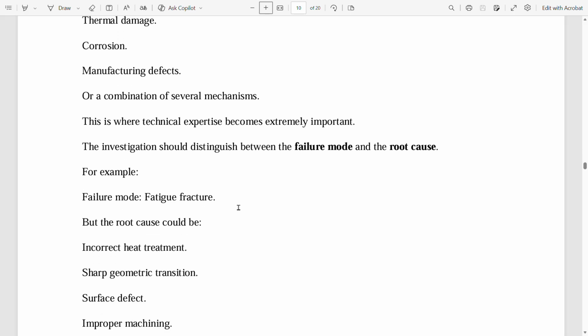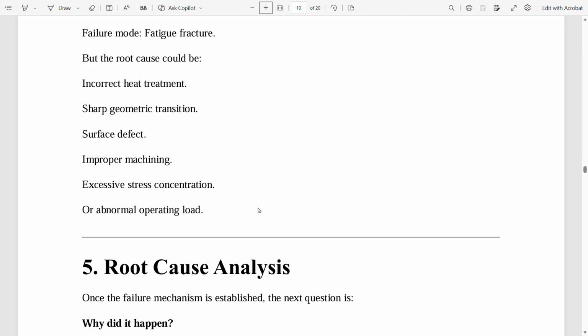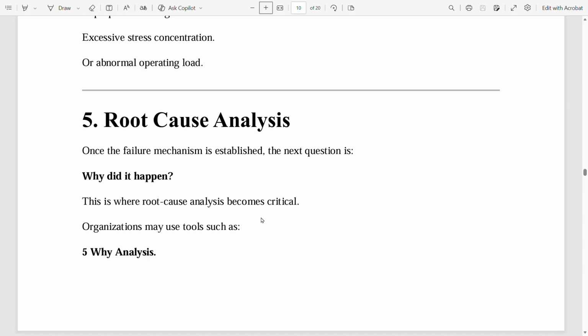The investigation should distinguish between the failure mode and the root cause. For example, failure mode, fatigue failure, but the root cause could be incorrect heat treatment, sharp geometric transition, surface defect, improper machining, excessive stress concentration, or abnormal operating load. Now, step 7, root cause analysis.